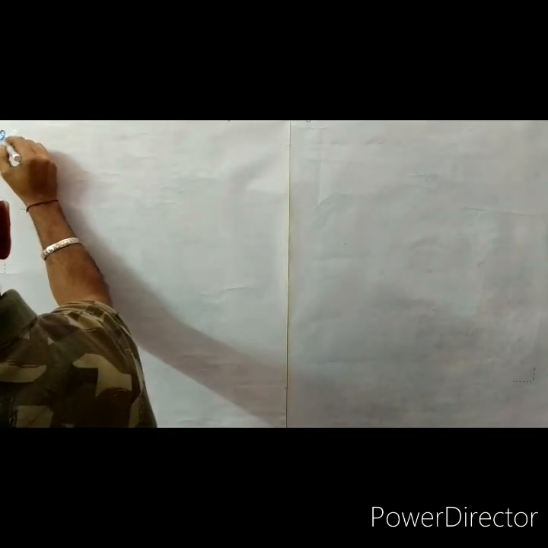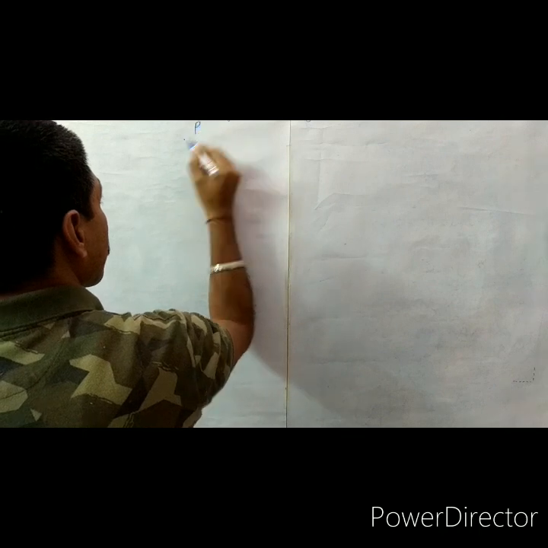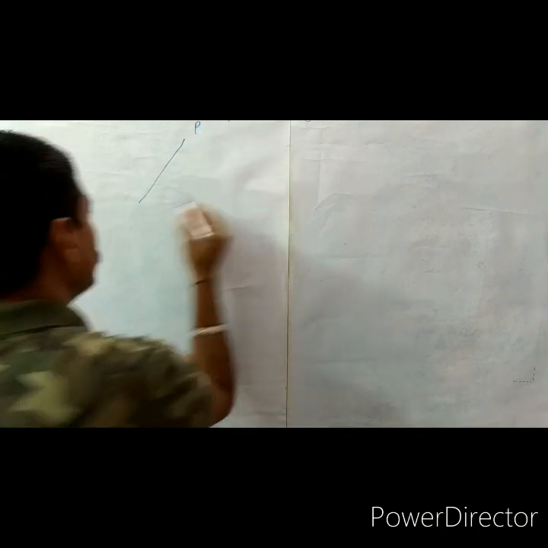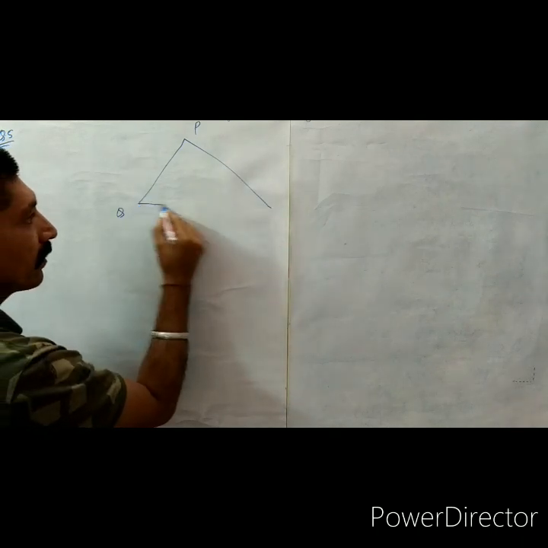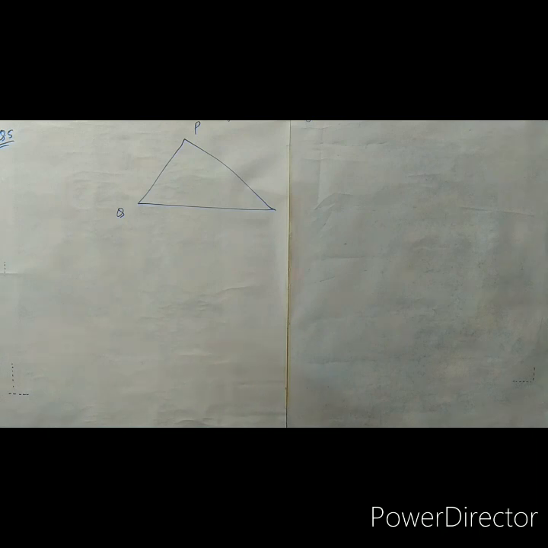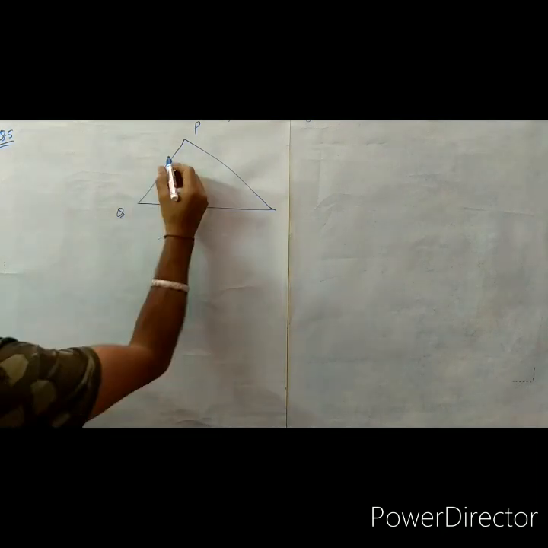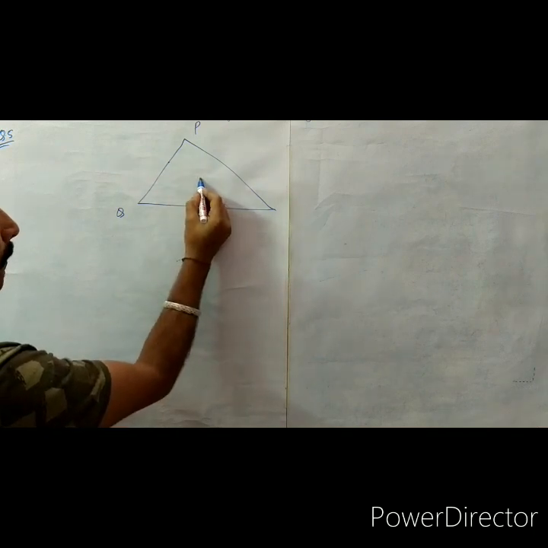In question number 5, we have a triangle PQR, with a point E, and a point O here.